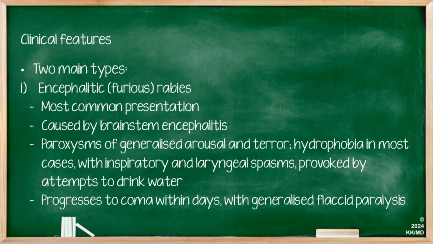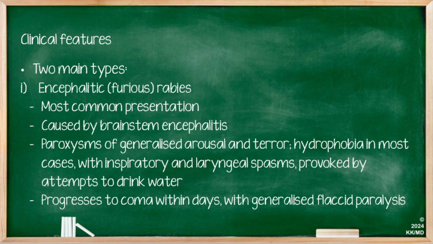Broadly speaking, there are two different categories of rabies in terms of its presentations. Type 1, which is called encephalitic or furious rabies. This is the most common presentation, and it's basically when rabies causes brainstem encephalitis, and it is characterized classically by paroxysms of generalized arousal and terror associated with hydrophobia in most cases.